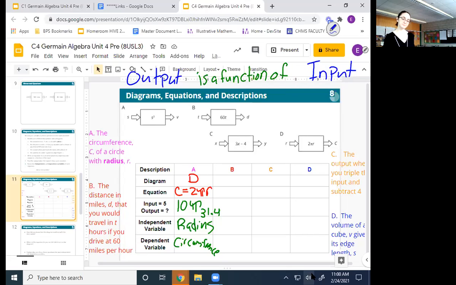Another minute and 45. Oh, it's written right there. I don't know why I spelled it wrong.